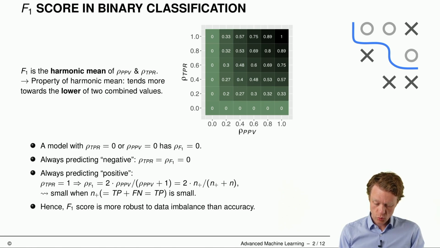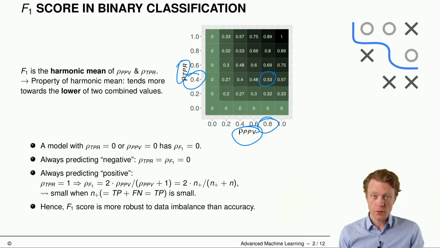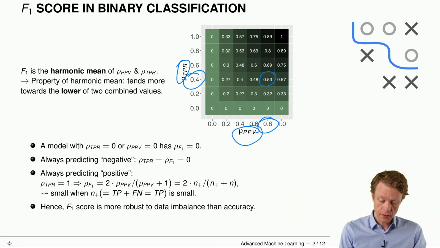If we take 2 random numbers here for PPV and TPR, let's say 0.8 and 0.4, then the F1 score here is 0.53, so somewhat below the mean of the 2 values. The arithmetic mean would be 0.6. We have 0.53 for the F1 score, so a little bit lower than the arithmetic mean of the 2 values. Well, it's just a property of the F1 score.